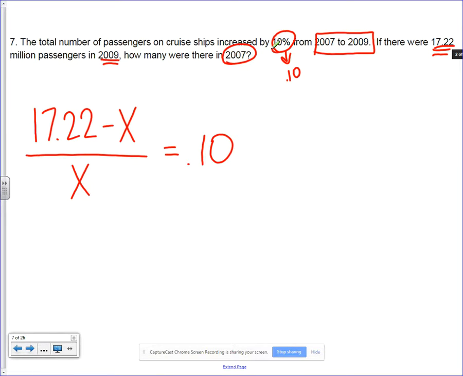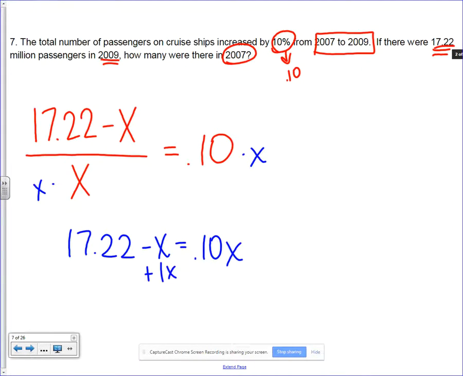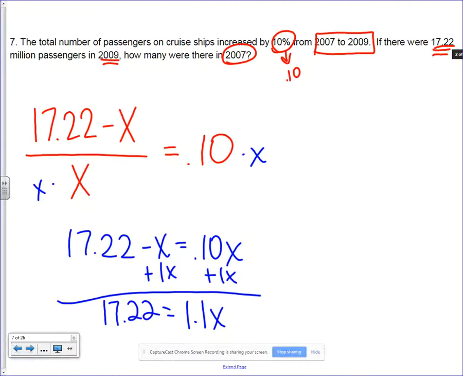I've got to get this x out of the denominator. Now I've got to get my x's together. Remember, this is a 1x here. So now I have that.